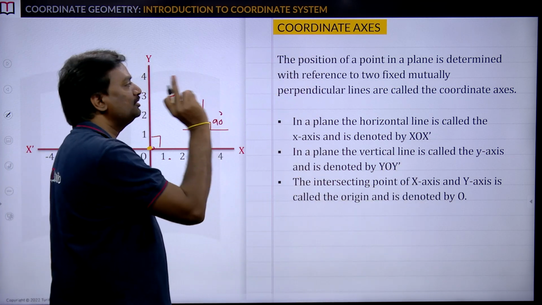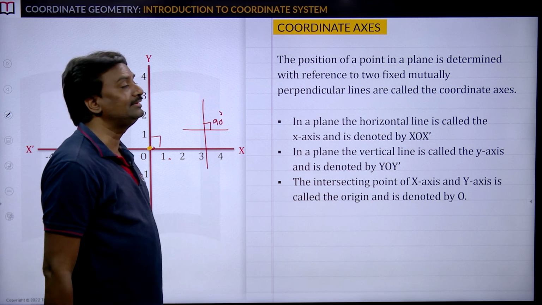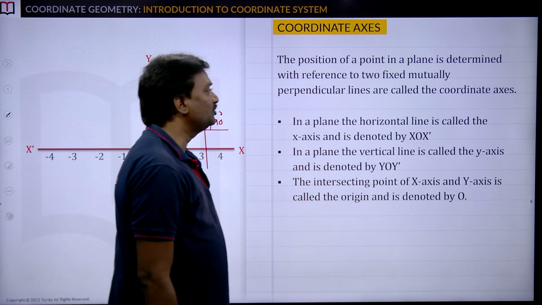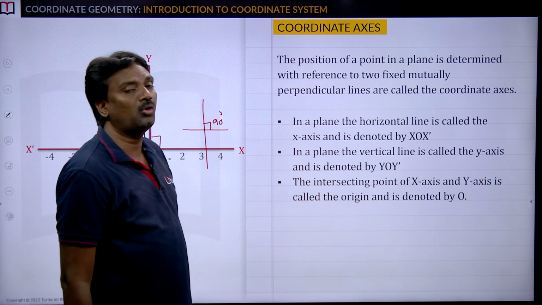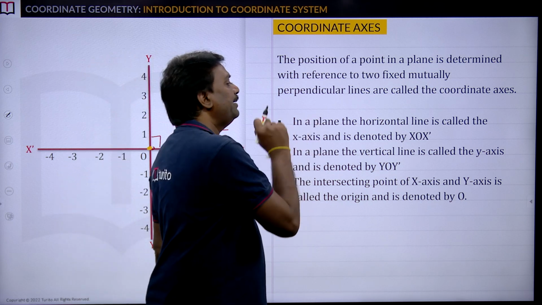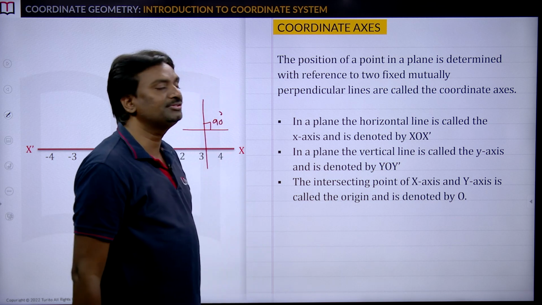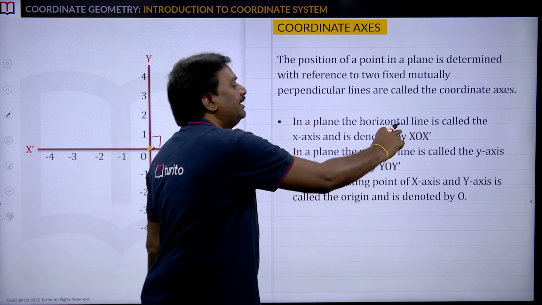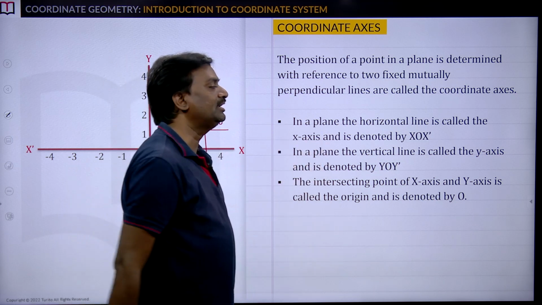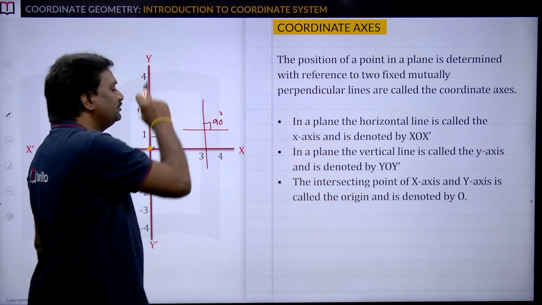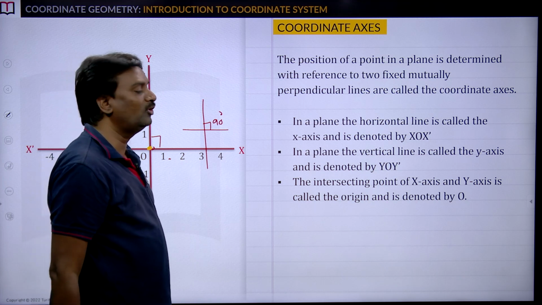So, the position of a point in a plane is determined with reference to two fixed mutually perpendicular lines called the coordinate axis. In a plane, the horizontal line is called the x axis and is denoted by x O x dash. The vertical line is called the y axis and is denoted by y O y dash.